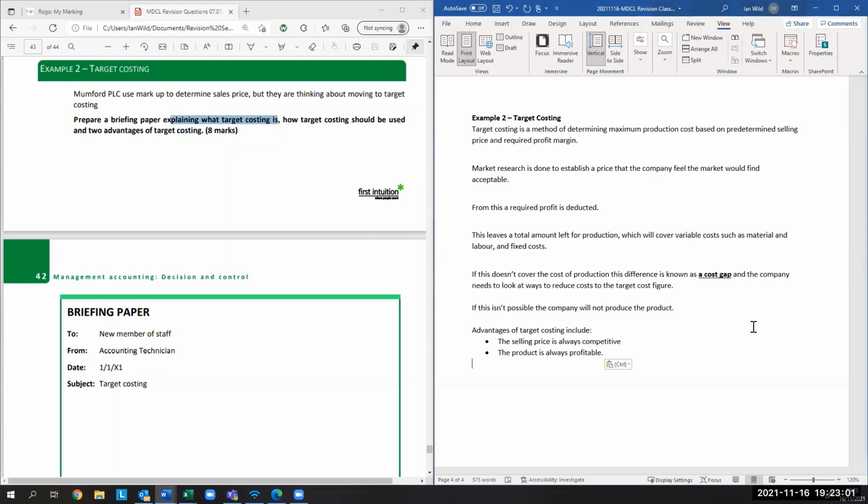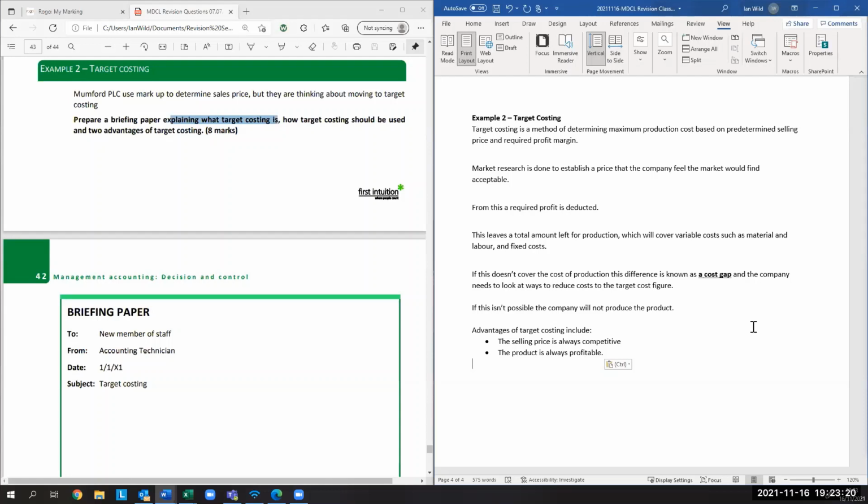You would never say a selling price plus loss, because you would be out of business very, very quickly. So we are guaranteed to make a profit per unit because we start with the selling price and we take off the margin. Our profit is our margin.